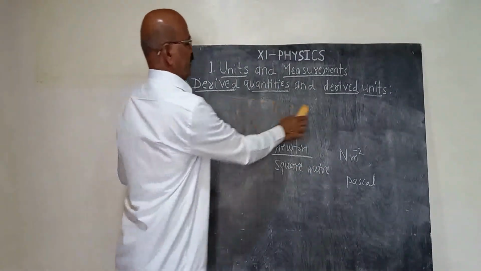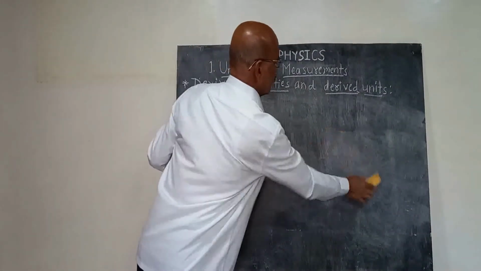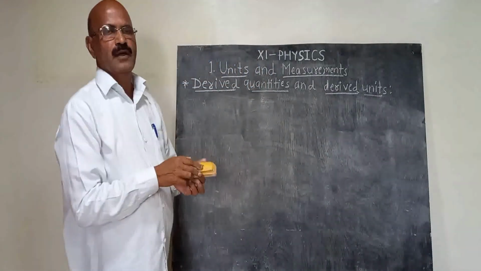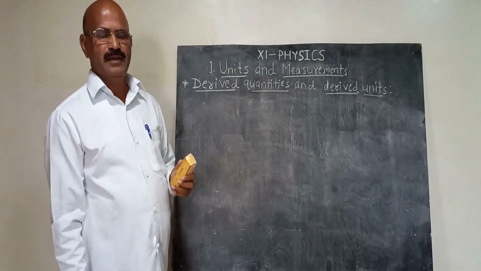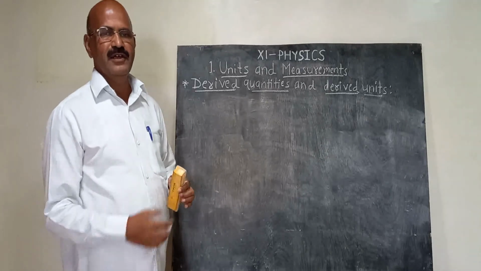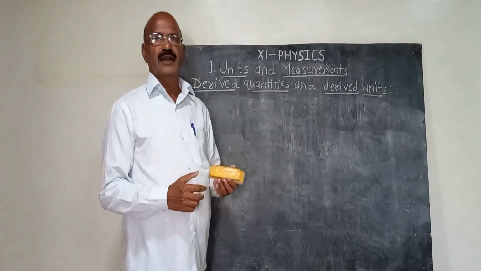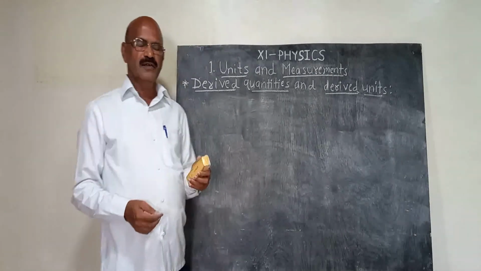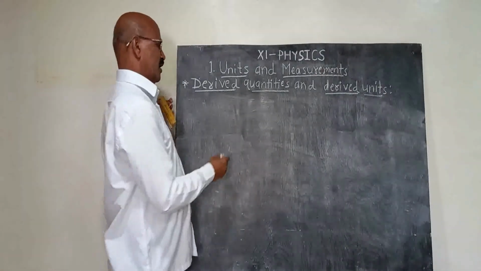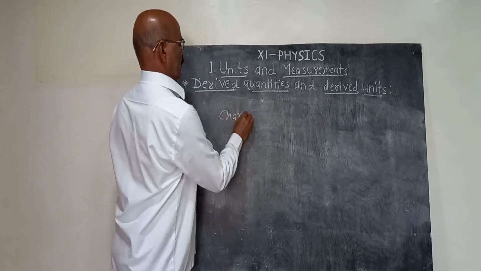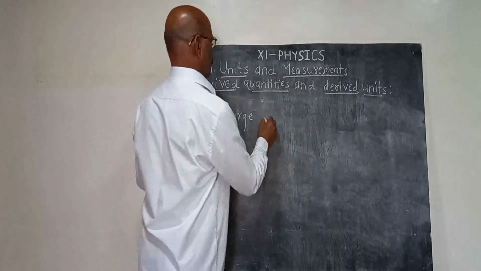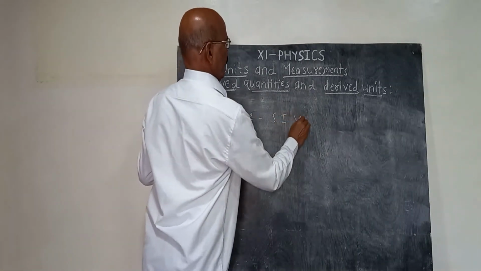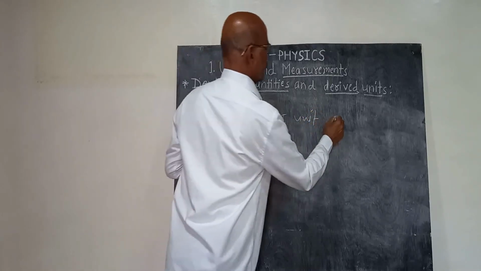Another derived quantity is electric potential. Its SI unit is volt. Another derived quantity is charge. SI unit of charge is coulomb.